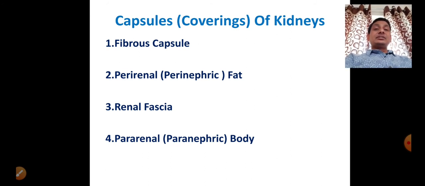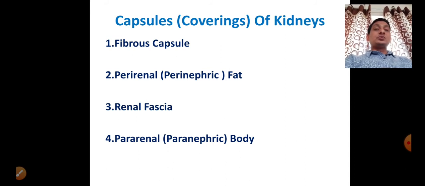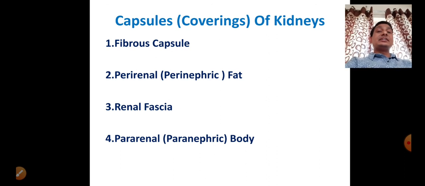And the third layer is the renal fascia. Outer to the perirenal fat there is the renal fascia. It is made up of two layers. The anterior layer is called the fascia of Toldt, and the posterior layer is called the fascia of Zuckerkandl. These are the two layers of the renal fascia. And outer to the renal fascia there is the pararenal or paranephric body or fat.